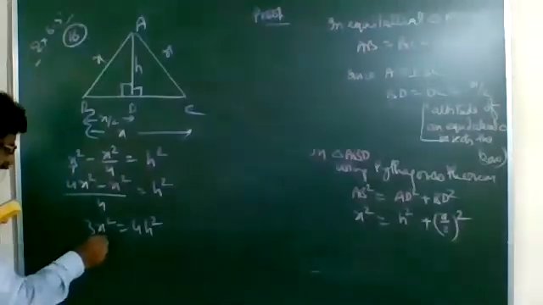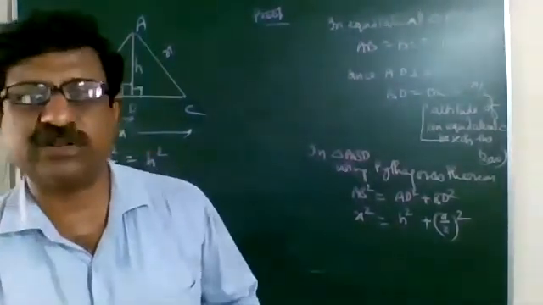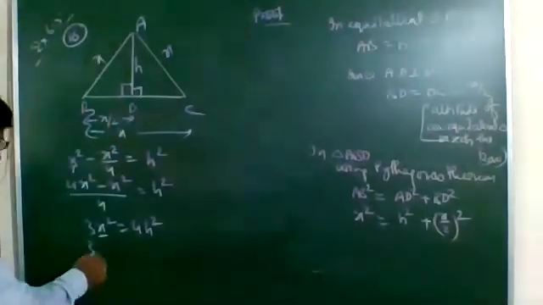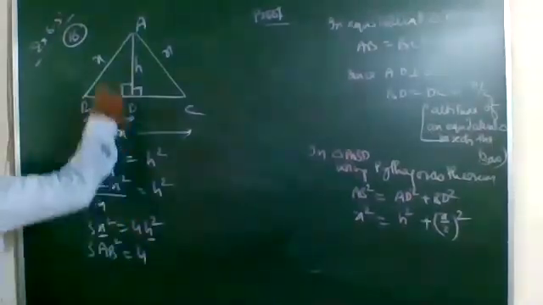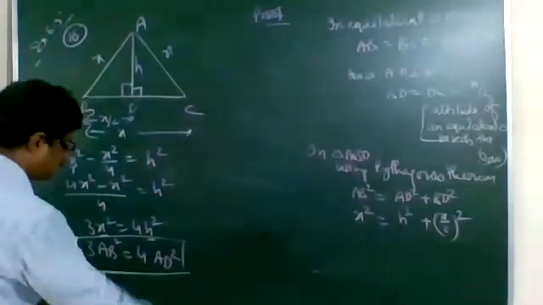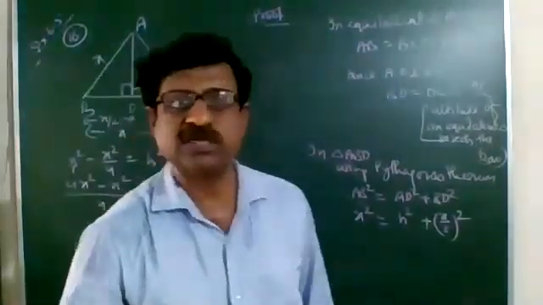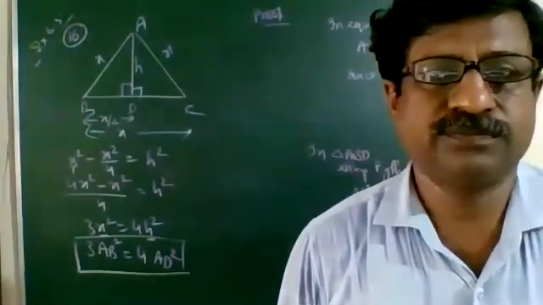That means 3 times the square of one side. x can be written as AB, BC or AC, anything you can write. We write AB square is equal to 4 times h square. h was the altitude, we can write AD square. This is what we had to show: 3 times the square of one side is equal to 4 times the square of one of its altitudes.